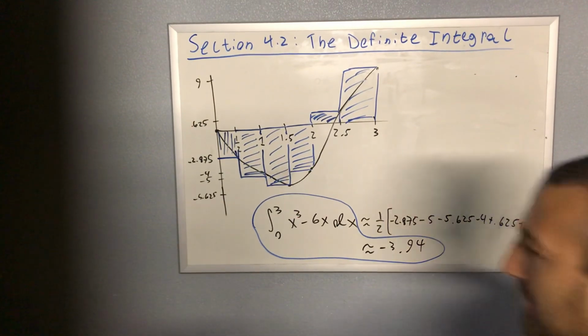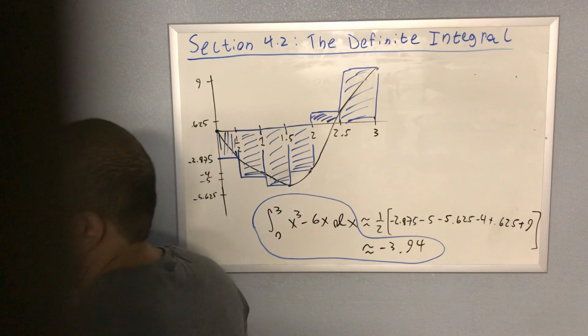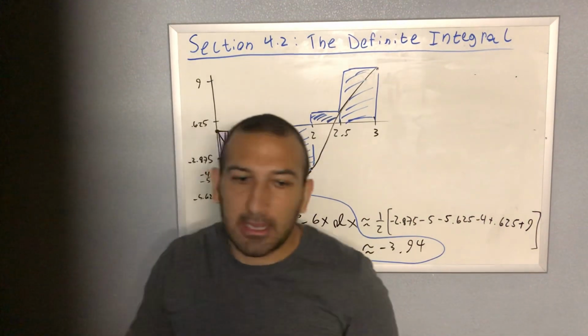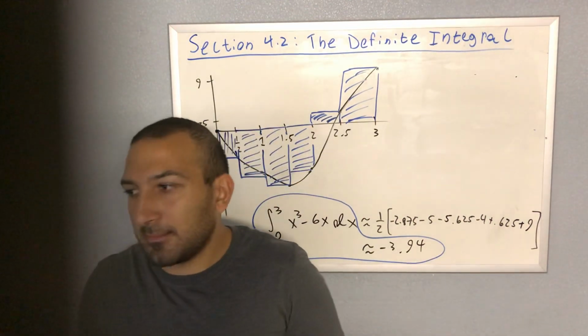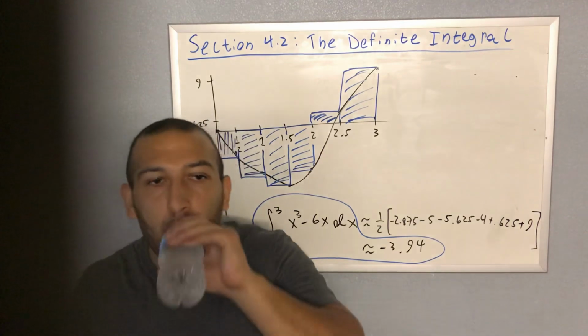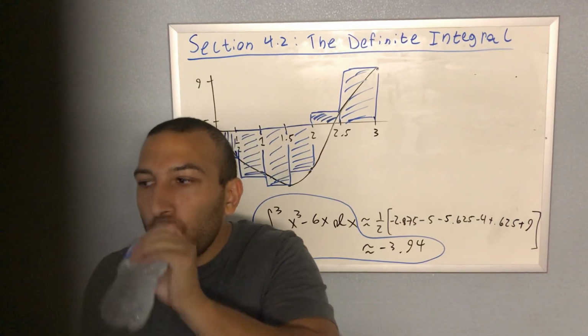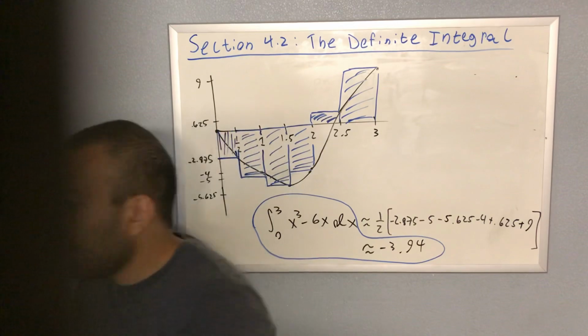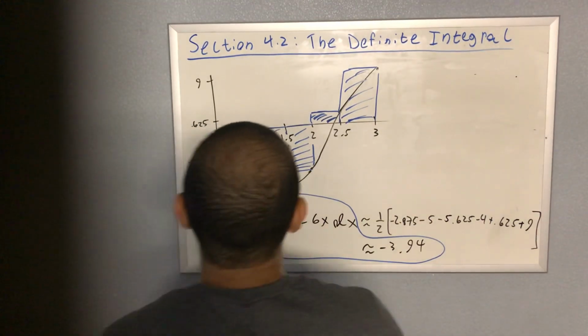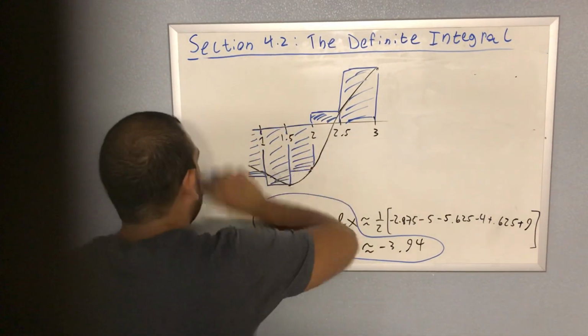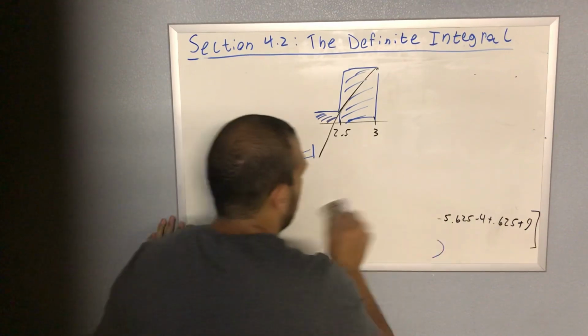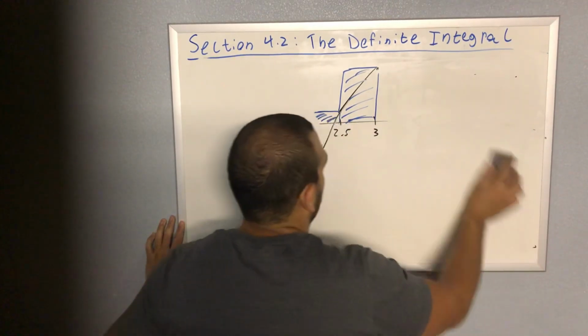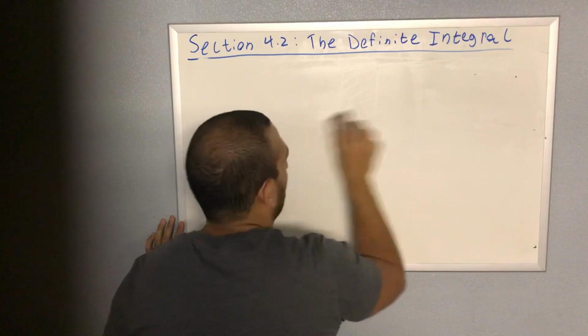Now, for certain scenarios, we can actually get the area underneath the curve basically perfectly. And so what do I mean by that? Say the function that we get ends up giving us some geometrical shape whose area we already know.